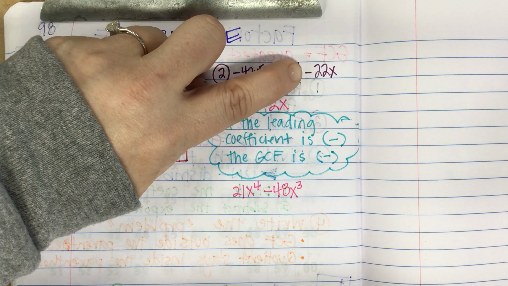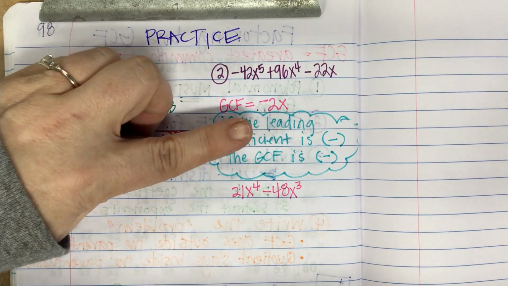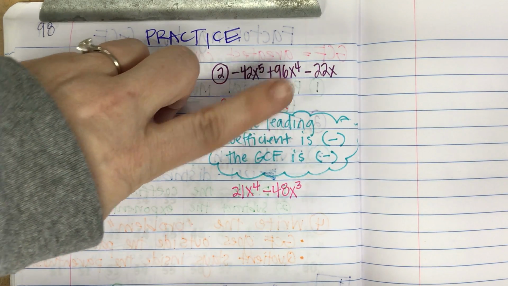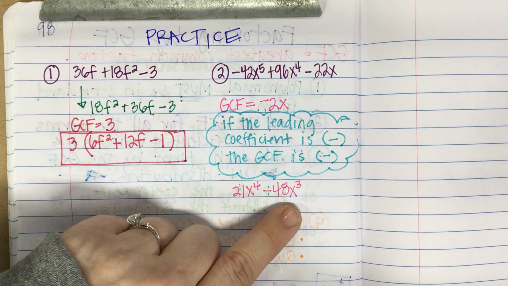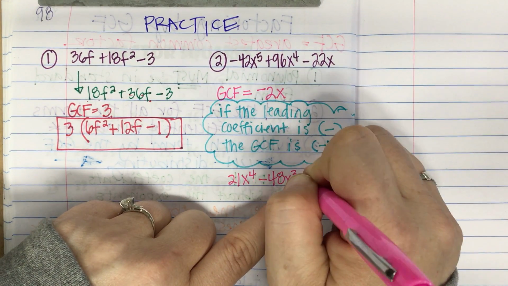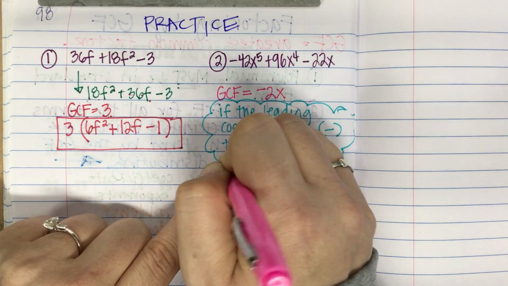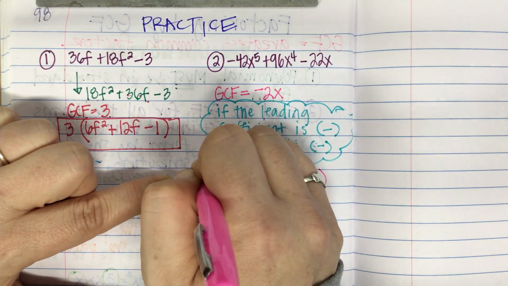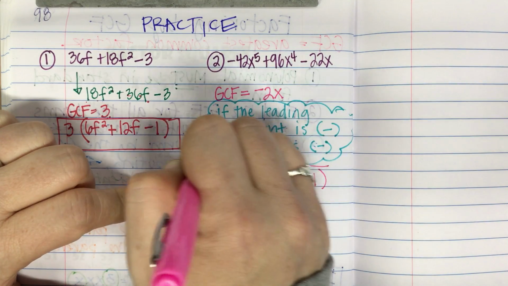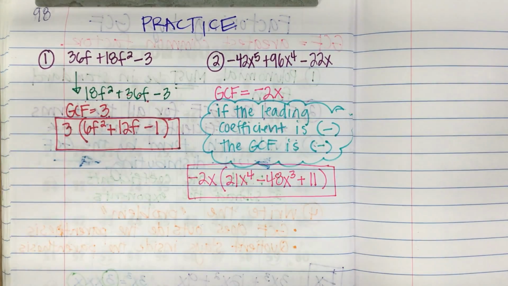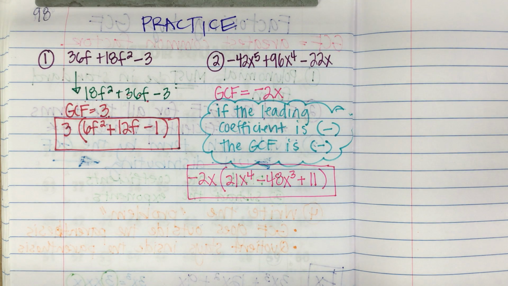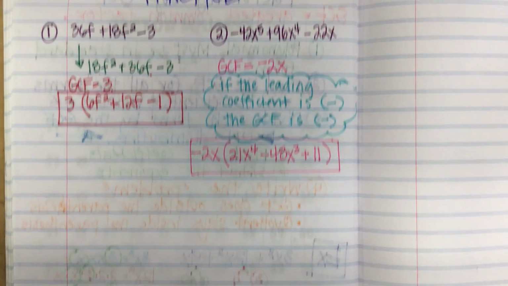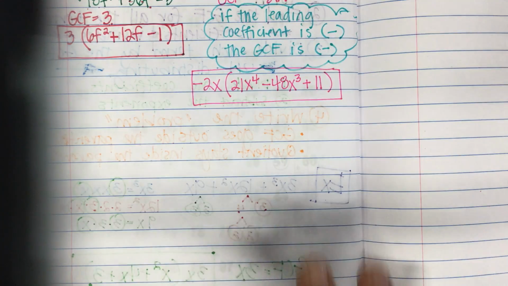And negative 22x divided by negative 2x is positive 11. Then put your greatest common factor in front. What did you get? We're still taking notes.